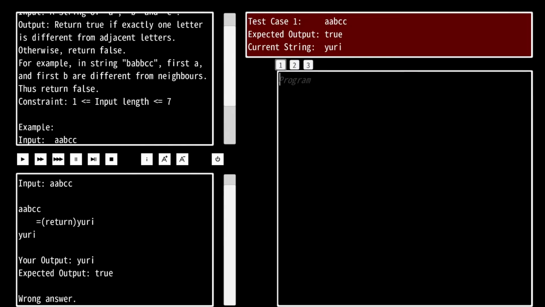This is so difficult. I'm actually so lost. Okay. I feel like marking the gaps, marking the differences, was a good idea.